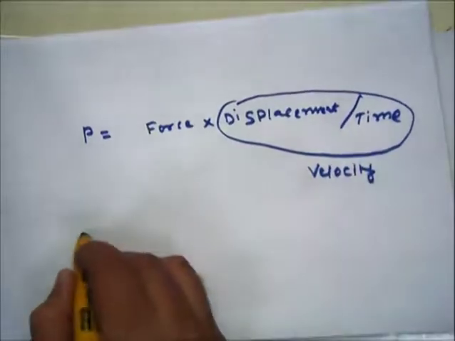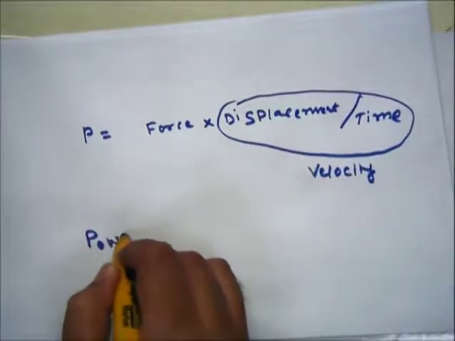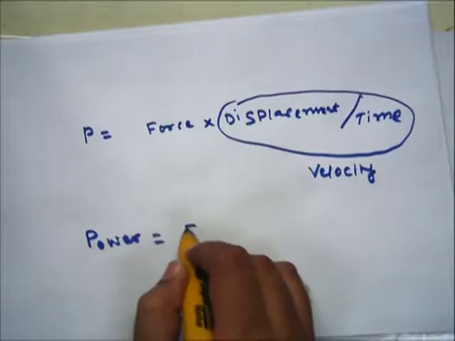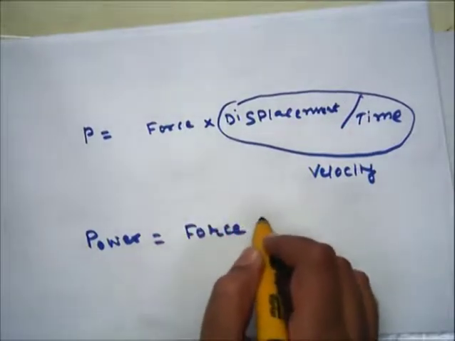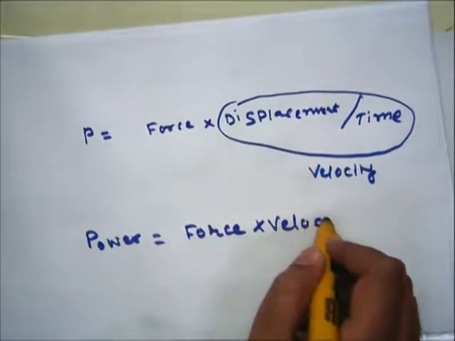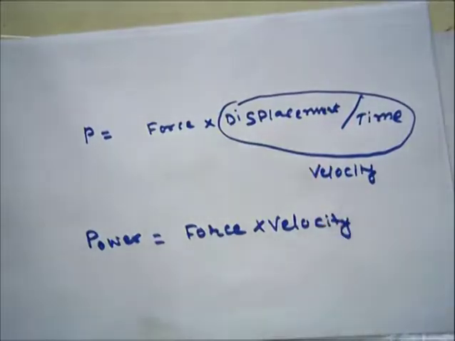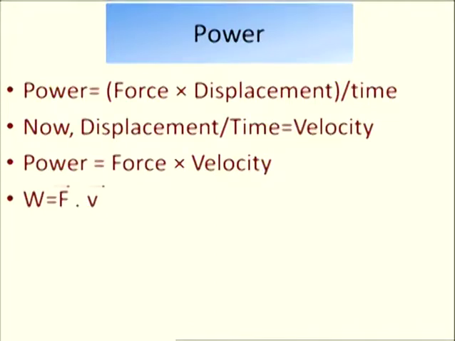So we can say that power is nothing but force multiplied by velocity also. So power is equal to F dot V in vector terms.